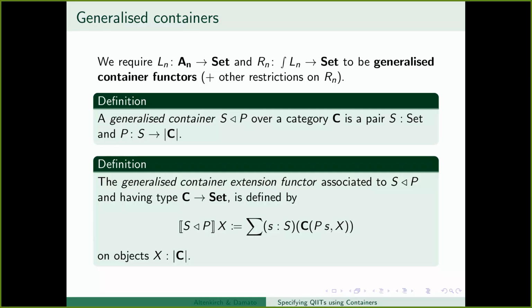Because many treatments of QIITs are not that easy to formalize. Yeah, so this is currently something that we're looking into. It seems like we can obtain QIITs using choice, but we want to try to avoid that as much as possible. We might need, for example, to use univalence or something like that. But it's something we're looking into.